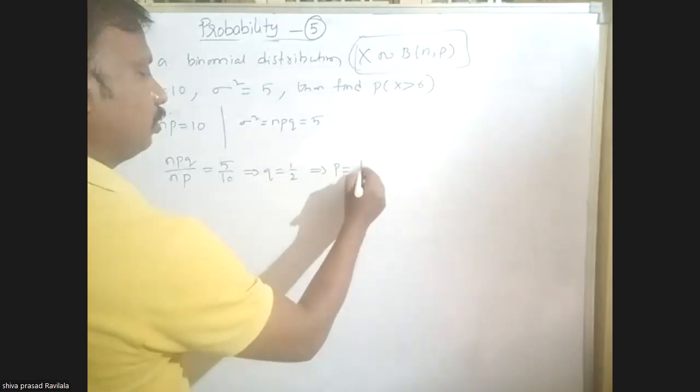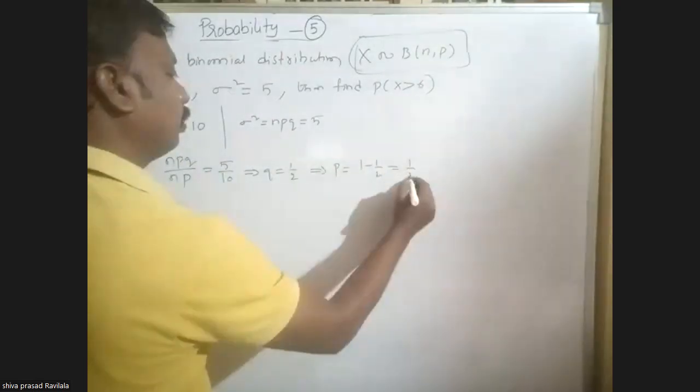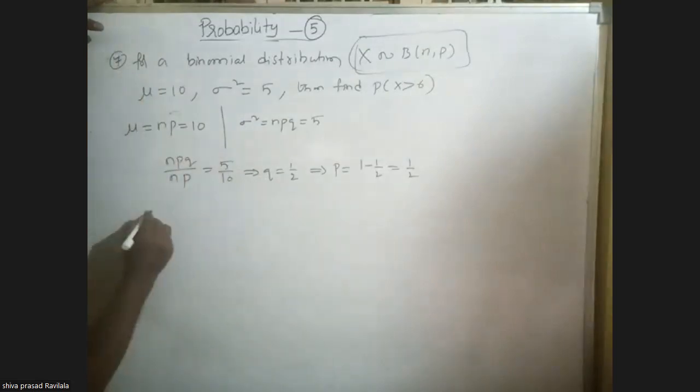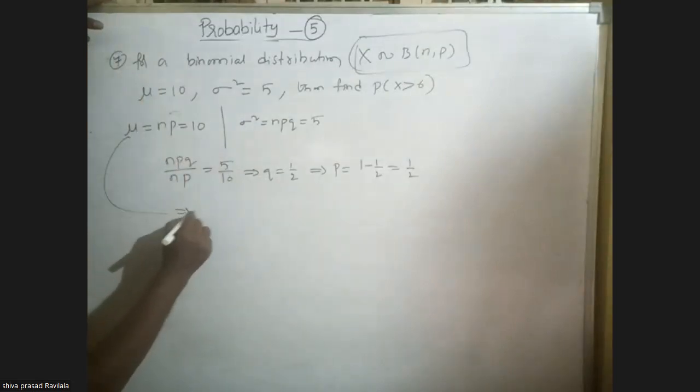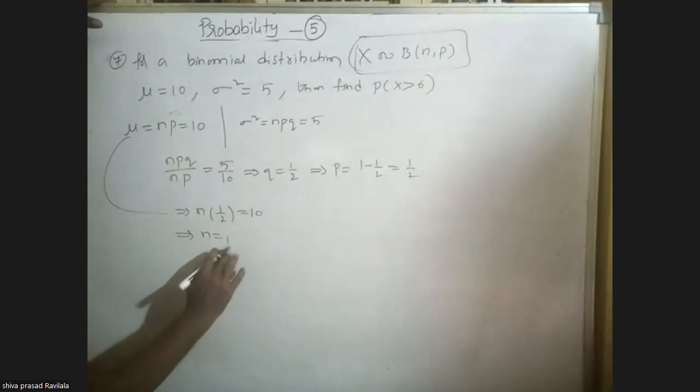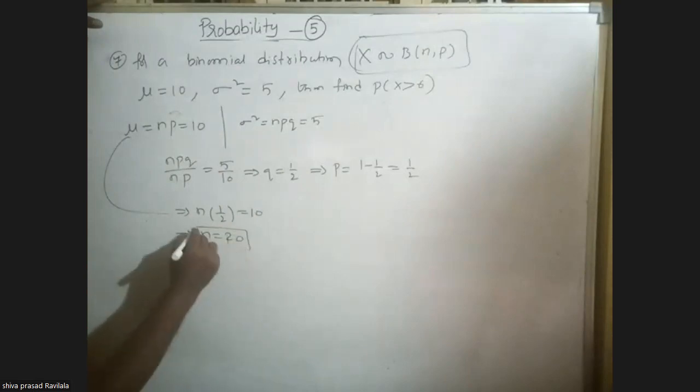Directly write p is equal to 1 minus 1 by 2, that is also 1 by 2. Substitute that p value in this condition: n into 1 by 2 is equal to 10, implies n is equal to 2 into 10, 20.